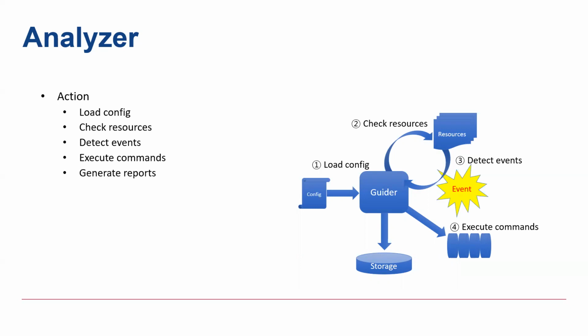After that, the target resource usage is periodically saved and checked, and if this resource usage aligns with the conditions of a specific event, that event is triggered. When an event occurs, Guider sequentially executes the commands registered in the event. In addition, a separate report file is created and saved, summarizing the stored system information, including resource usage.